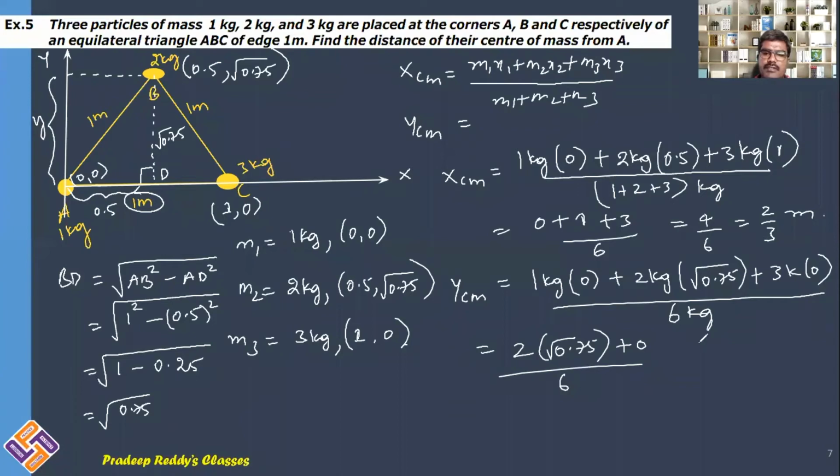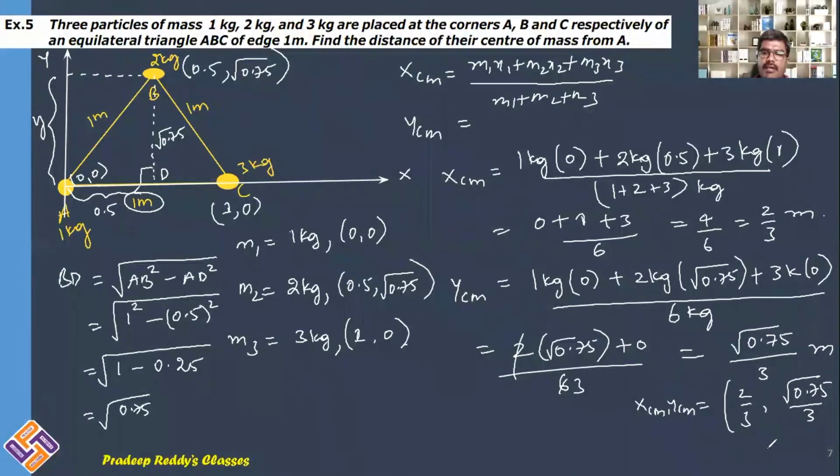This is under root 0.75 divided by 3 meter. So XCM and YCM we have calculated. XCM, YCM will be equal to 2 by 3, comma, under root 0.75 divided by 3. This is the position of the center of mass of the three-mass system, along the x-axis as well as the y-axis.